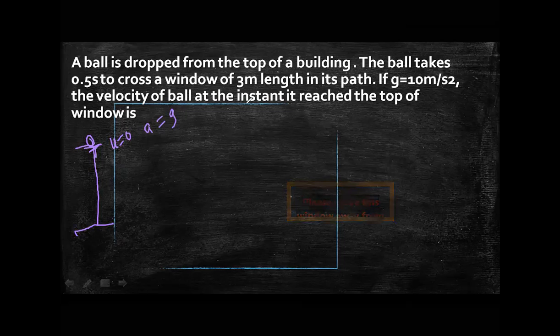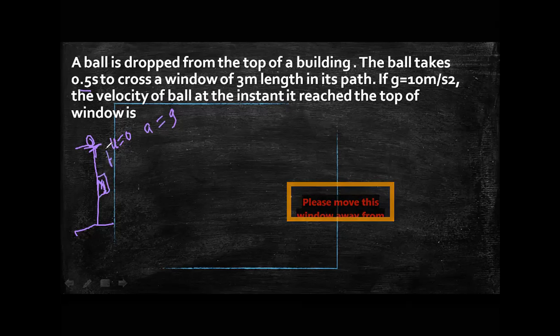The ball takes 0.5 seconds to cross the window of 3-meter length in its path. So there is a window here. A ball is dropped from the top of the building. The ball takes 0.5 seconds to cross that window.